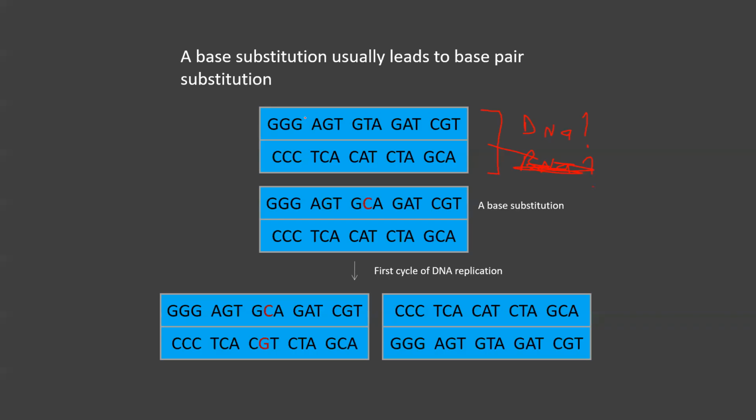Now, when we look at the bases of DNA and RNA, we read them as a group of three. So we take a string of the bases and we group them in threes. The reason we group them in threes is because it takes three bases to code for an amino acid, okay?